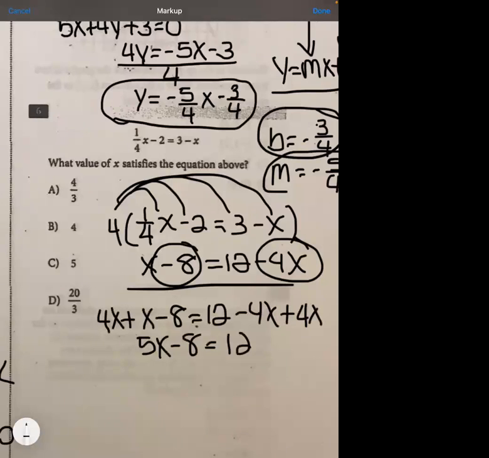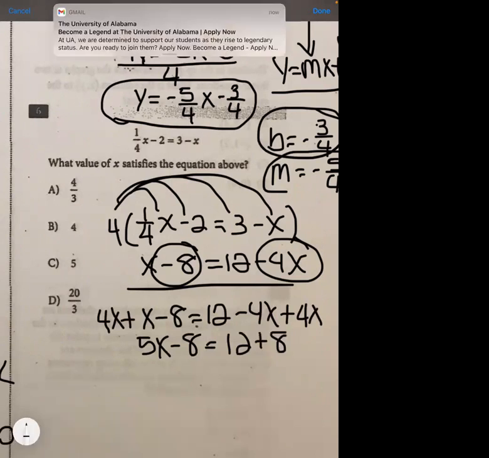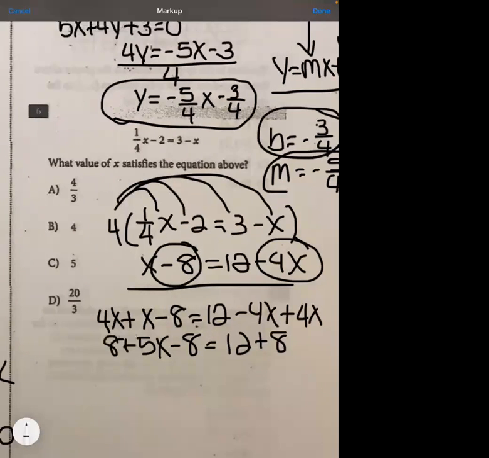But the only issue right here is that 8, which is a number, is still on one side. So in order to get rid of that 8, we can add 8 to both sides. The question is asking for x, and what we have here is 5x. If we divide both sides by 5, we will get that x is 4.